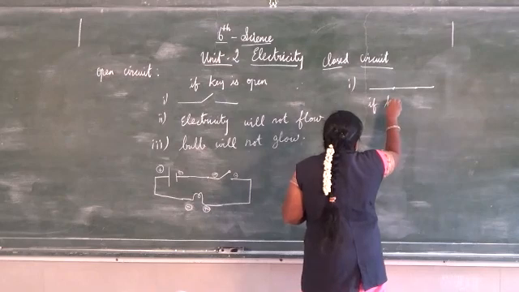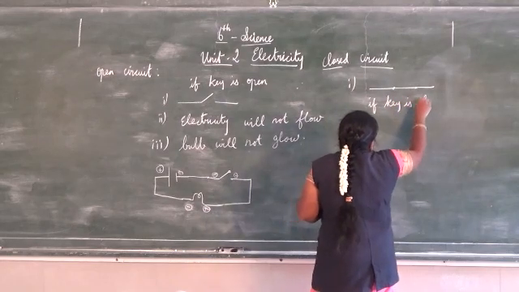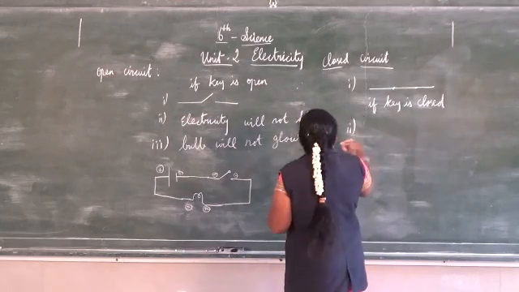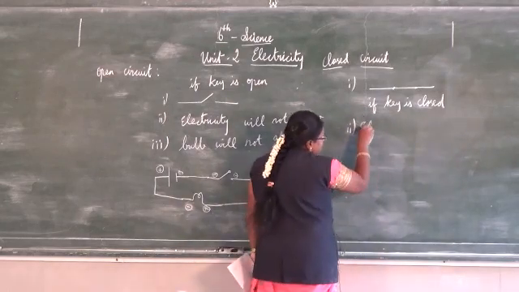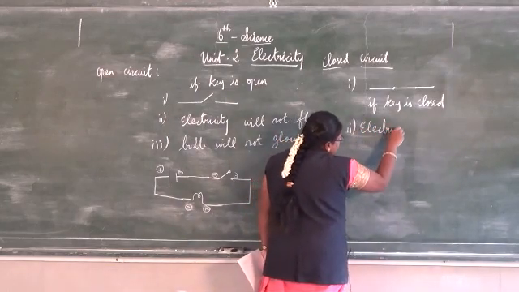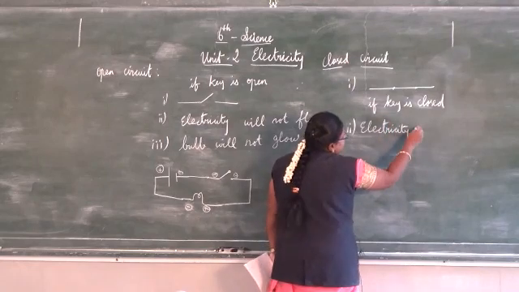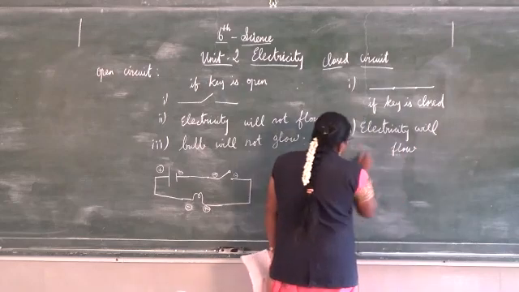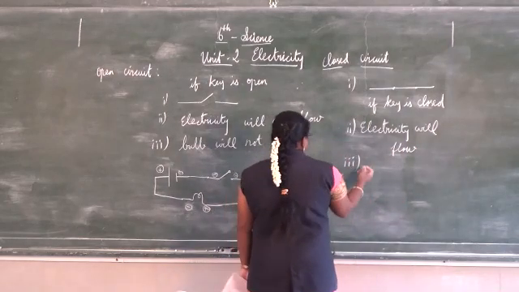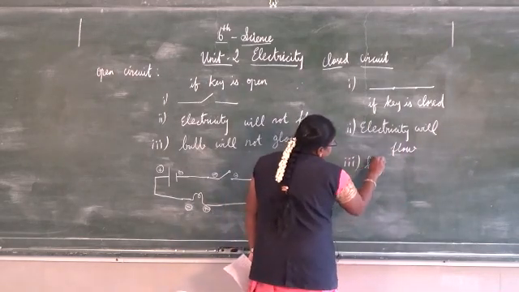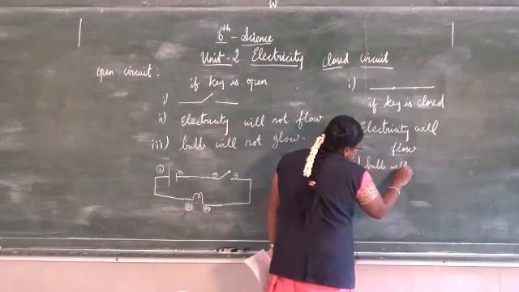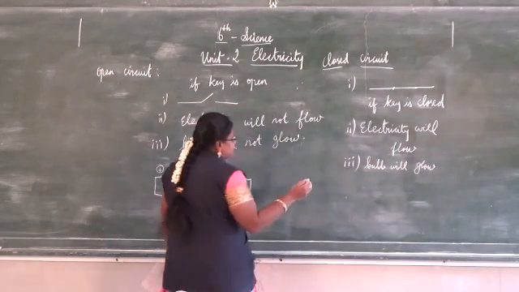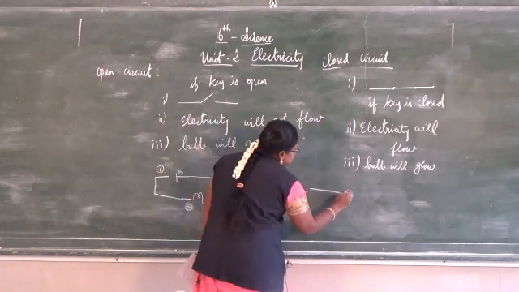If the key is closed, electricity will flow. So the bulb will glow. Understand, children?